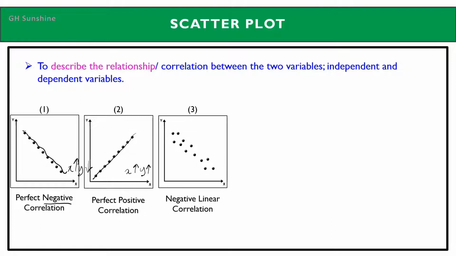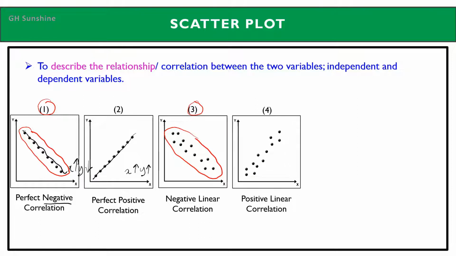Next, negative linear correlation. The third diagram, compared to the first diagram, look at the points. The third diagram represents a negative linear correlation, not perfect.